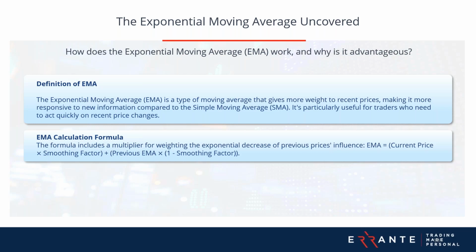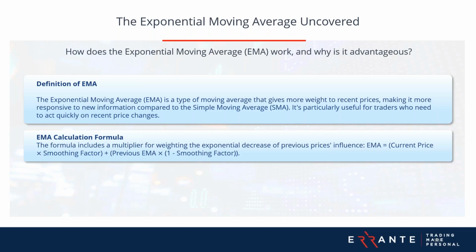It's calculated as 2 divided by the period plus 1. The smoothing factor is here to ensure that the EMA adjusts more rapidly to price changes, significantly reducing the lag associated with traditional moving averages.